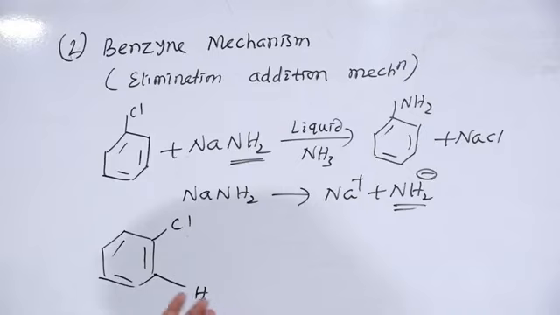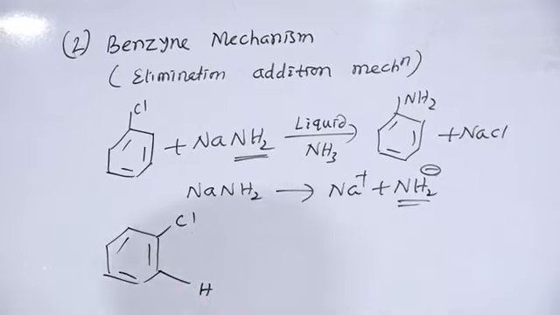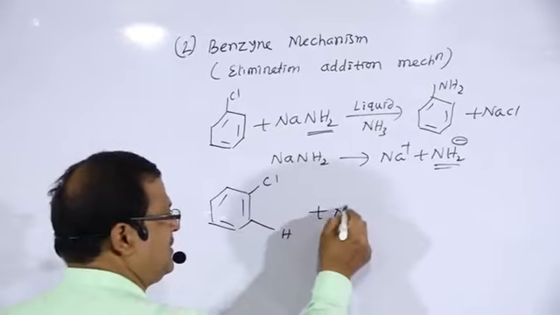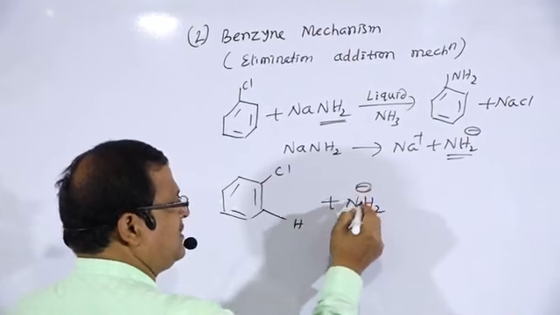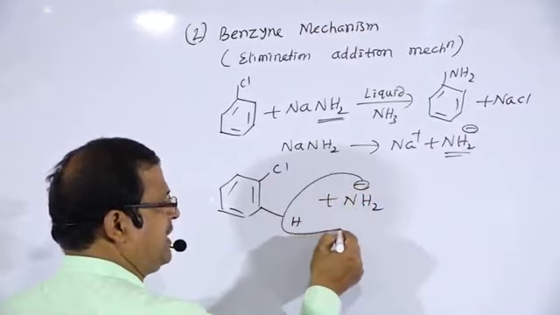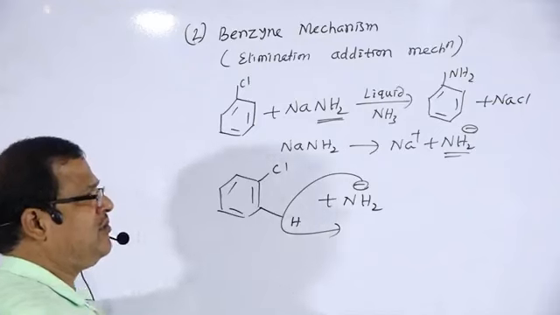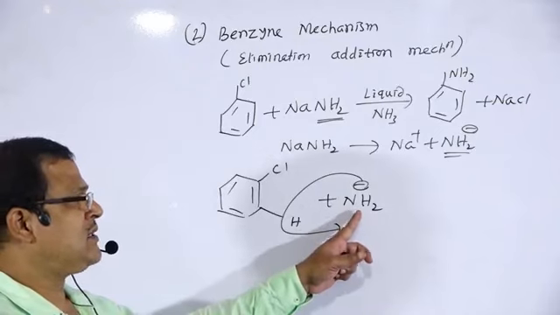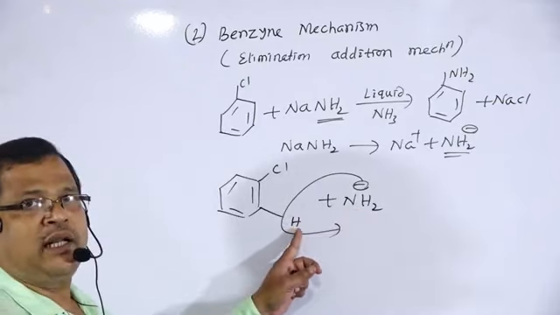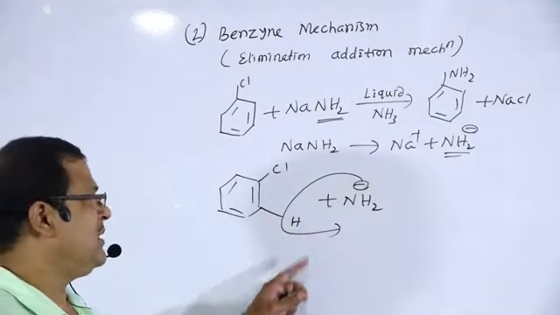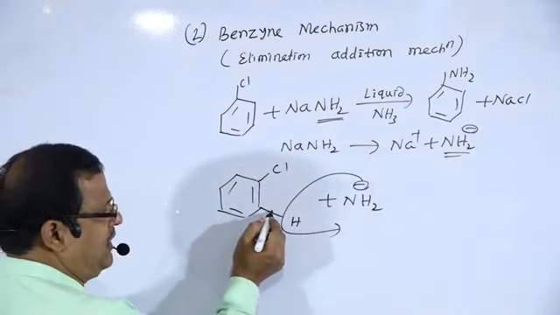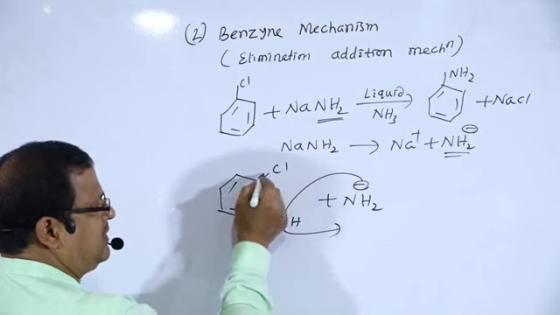First we will see how the elimination takes place. NH2 minus, a strong base, will take out this H as H plus. So this bond pair of electrons is shifted to this one and this bond will be shifted.